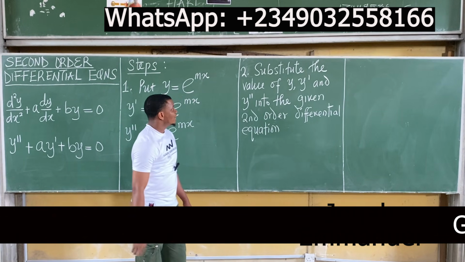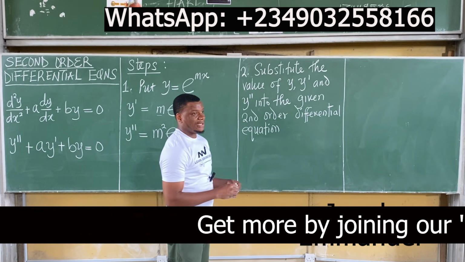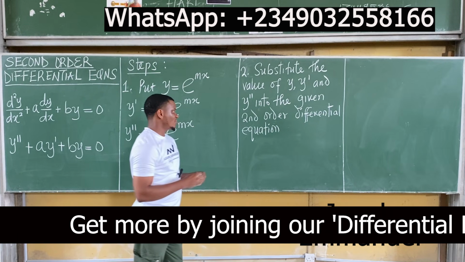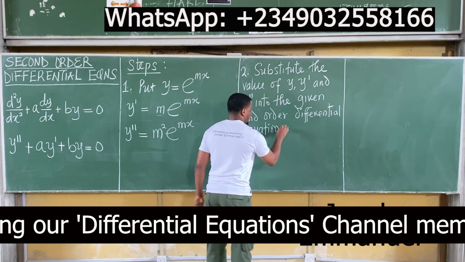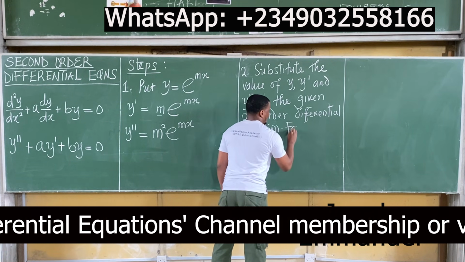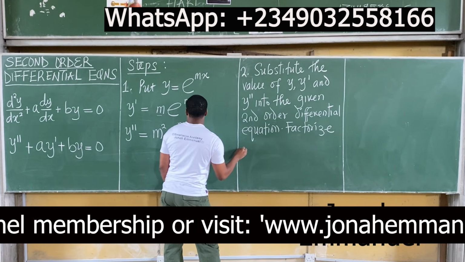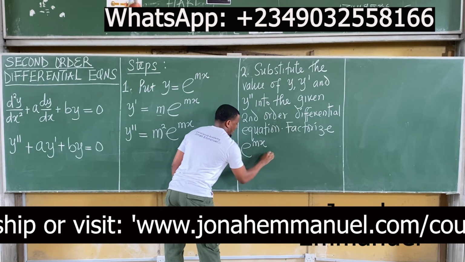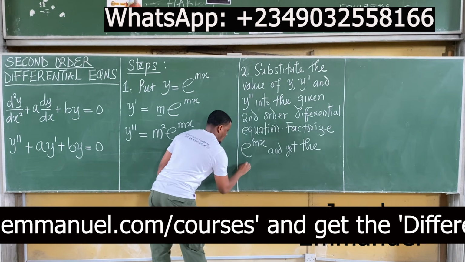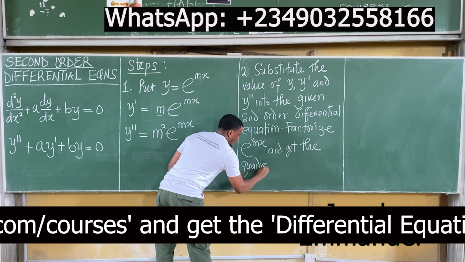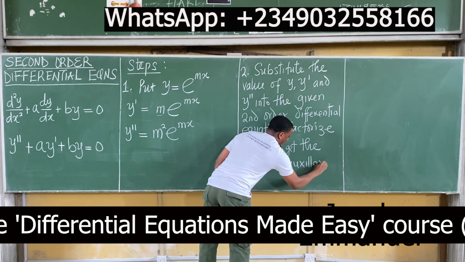Substitute the value of y prime and y prime prime into the given second order differential equation. That's step 2. Then when you're done with this, the next thing you have to do is factorize exponential mx and get the quadratic auxiliary equation.